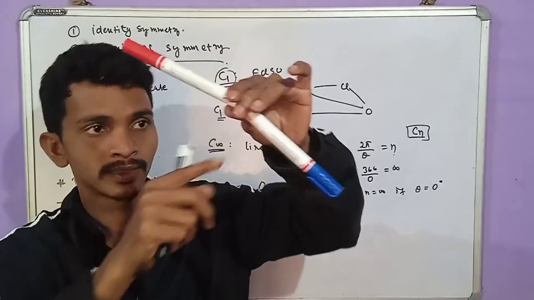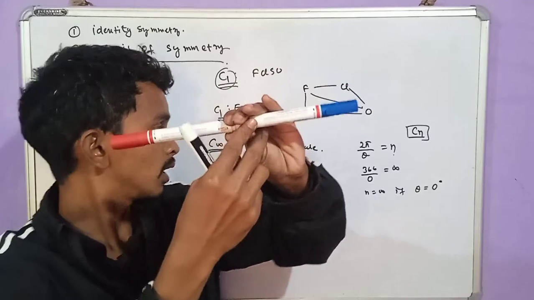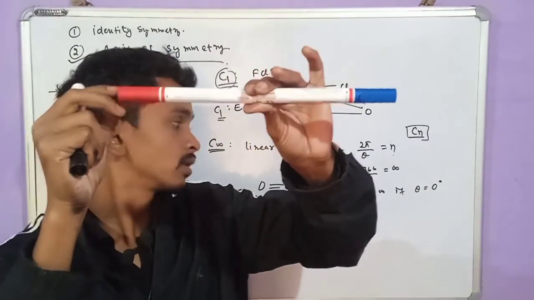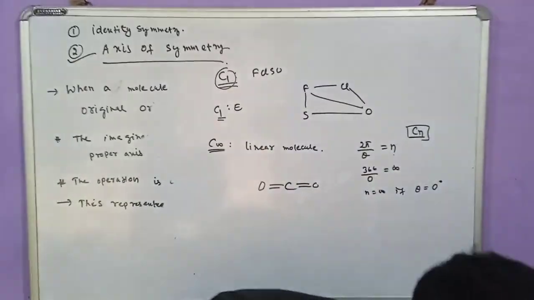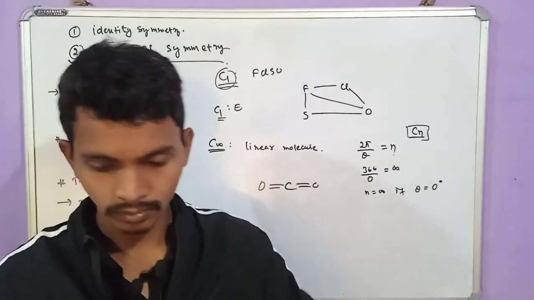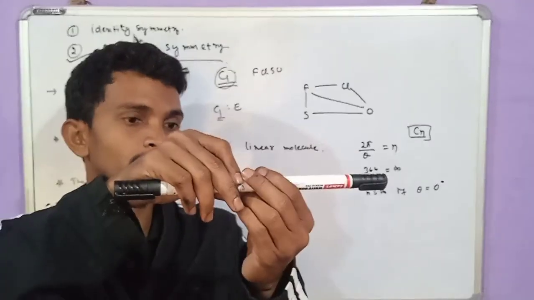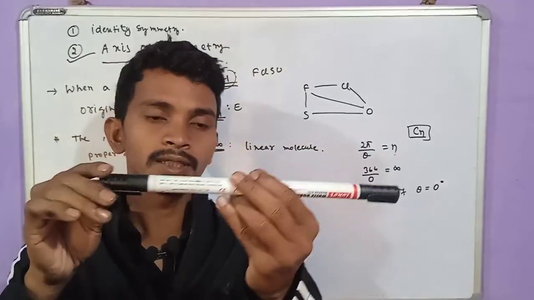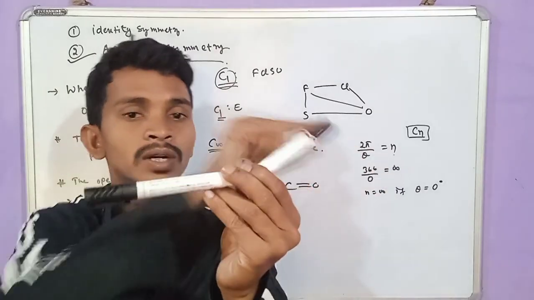This type of molecule is like, let's say, the middle one is carbon and these 2 are oxygen.